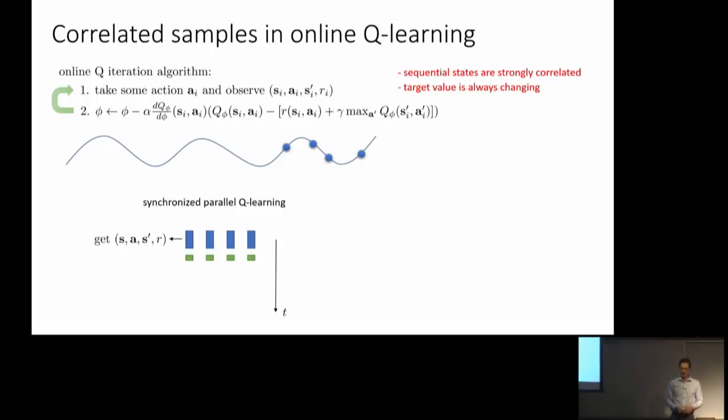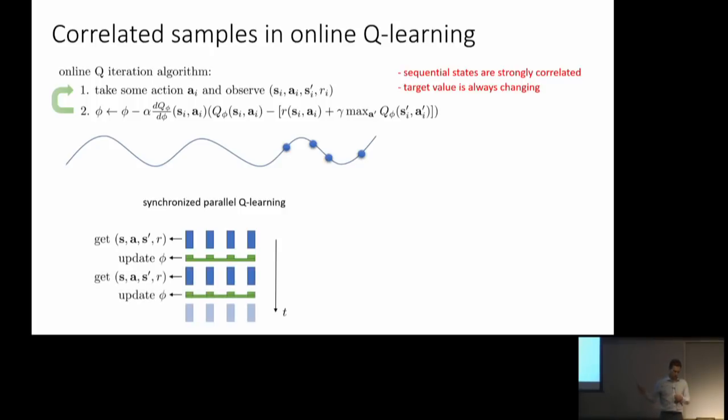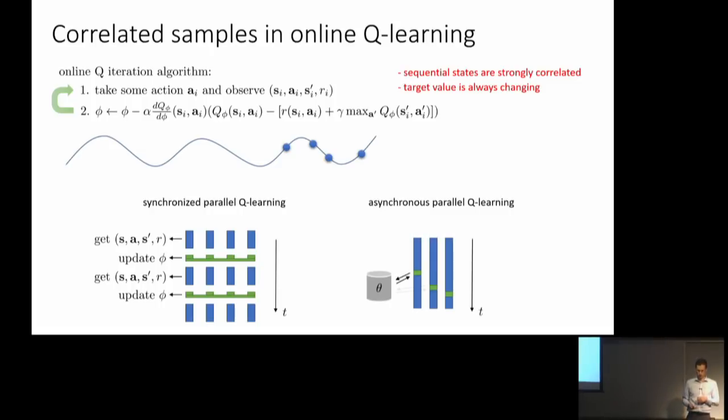So you could create a batch from each of these decorrelated workers, and that will let you have a little bit lower correlation. And of course, as we talked about in the actor-critic lecture, you can have an asynchronous version of this with a parameter server and all that stuff. We'll talk more about parallelism in RL later in the course, but this is one way to get decorrelated batches.